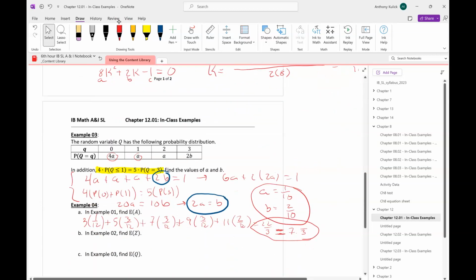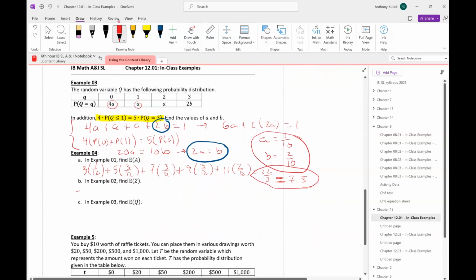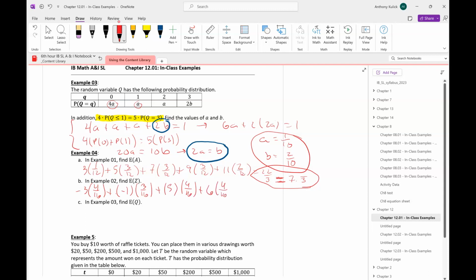Whenever I see expectation, that's just outcome times probability plus outcome times probability, and so on.